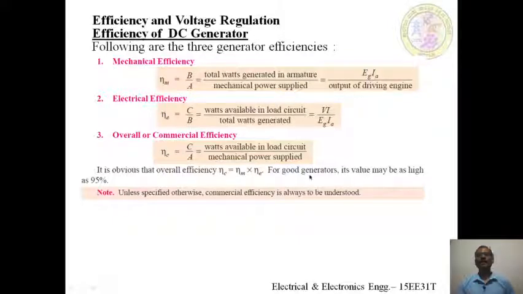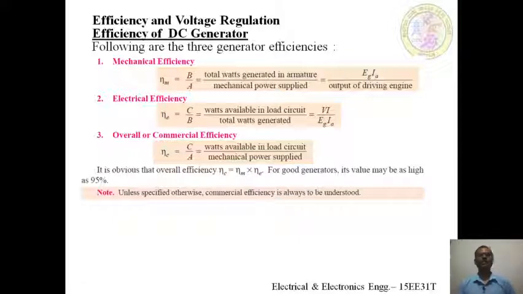For a good practical generator, this value is as high as 95%. But one thing you need to note here is, unless specified, the efficiency of a generator means commercial efficiency only.